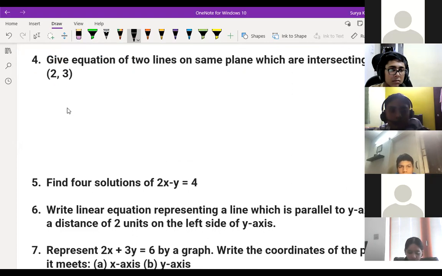Means x is equal to 2 and y is equal to 3. You can do it directly. x minus y is equal to 2 minus 3, which is -1. Correct? And x plus y you can take is equal to 5. That's it. Or whatever you put, you can write 2x also. Sir, I took minus x plus 1 is equal to y. Yeah.